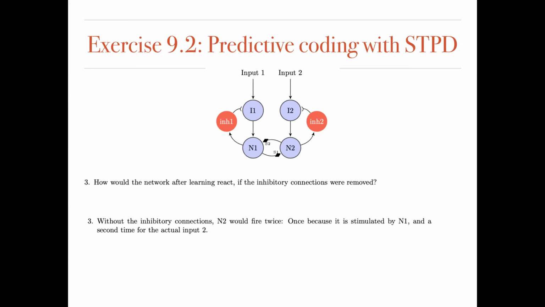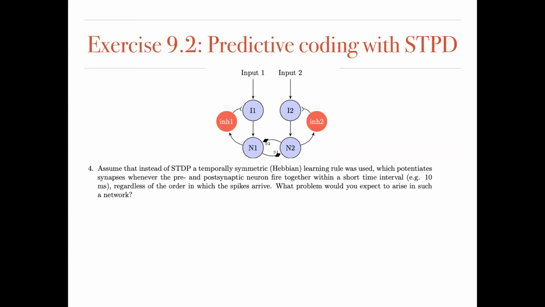And then finally, I think this is the last point. Assume that instead of STDP, a temporally symmetric Hebbian learning rule was used, which potentiates synapses whenever the pre and post neuron fire together within a short time interval, regardless of the order in which the spikes arrive.